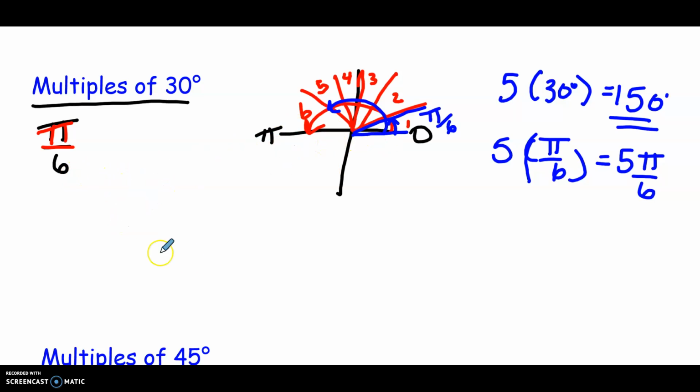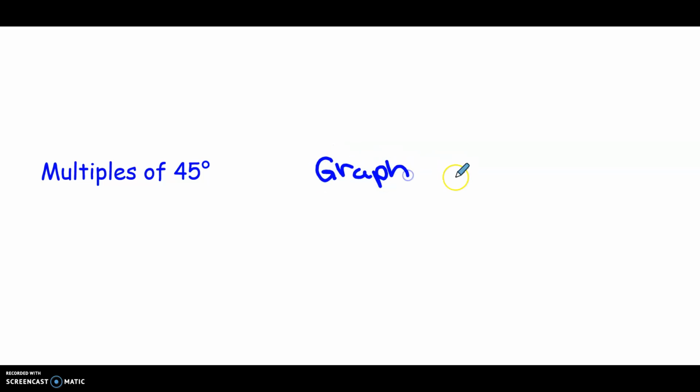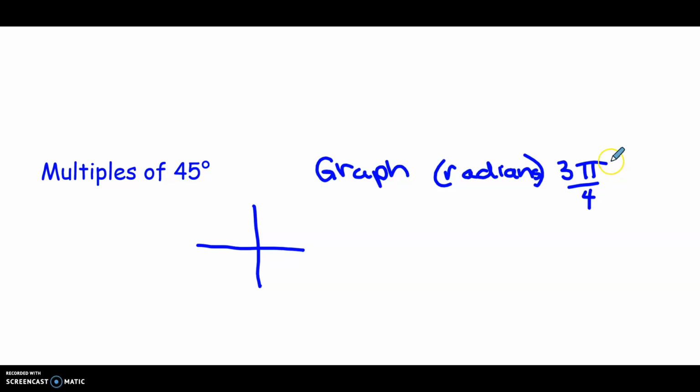So that being said, I'm going to talk about multiples of 45 in a second, but if I wanted to graph the radian angle, in radians, something called 3 pi over 4, I want to look at this angle as the fact that I took pi and divided it in 4 sections.